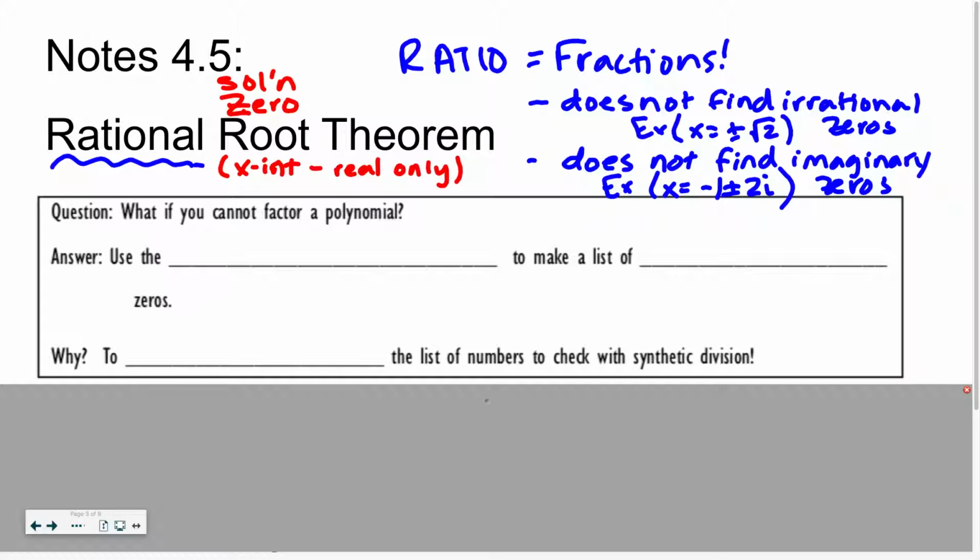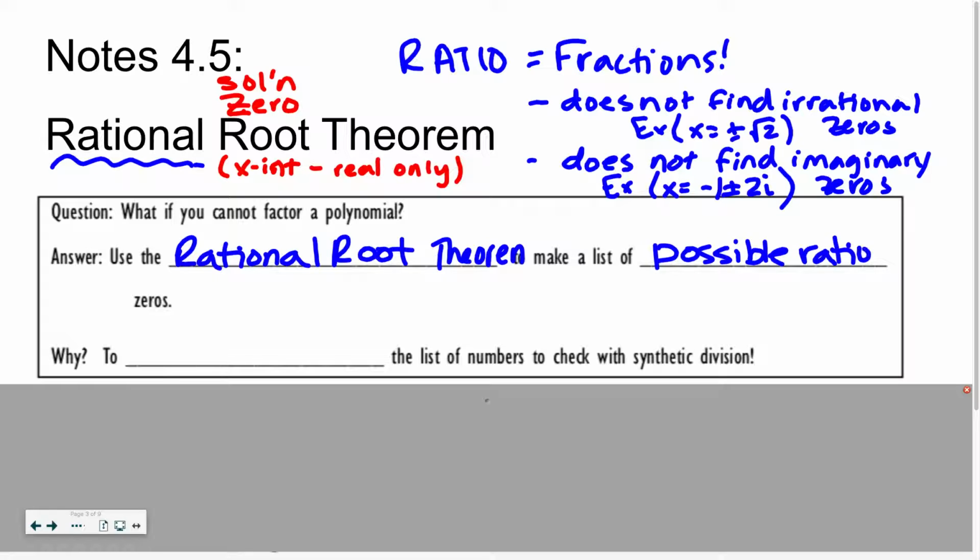We use the rational root theorem to make a list of possible rational zeros when you can't factor.